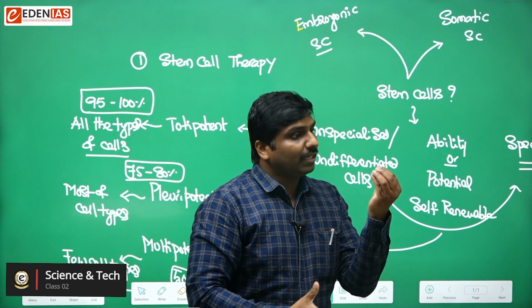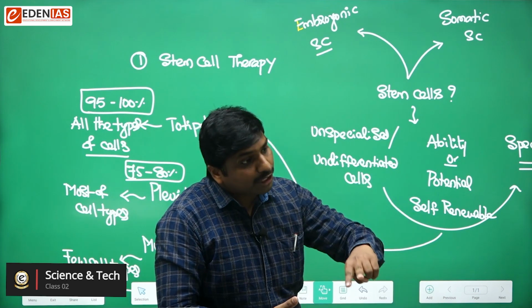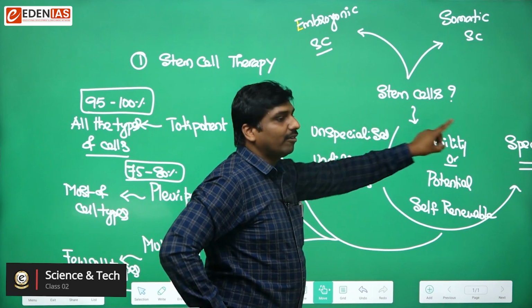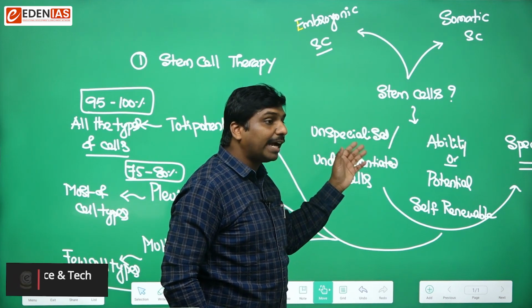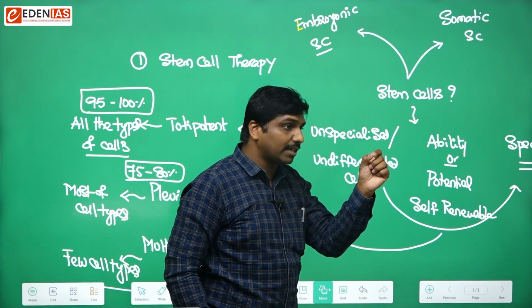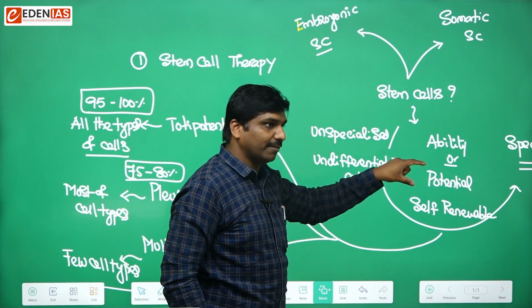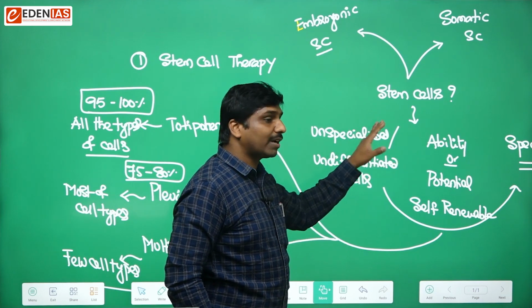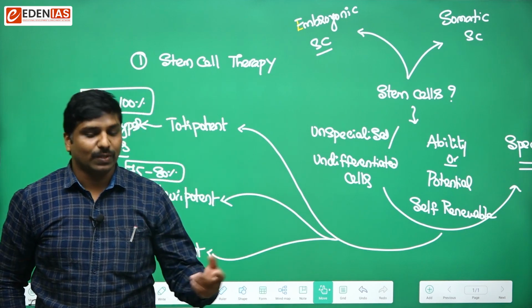That means it is generic in nature, and it will have the ability to become a specialized cell. Generally every cell has a specific function, but this one won't have a specific function. So that's why we call it an unspecialized and undifferentiated cell. Okay, are you getting that? So that is one thing.